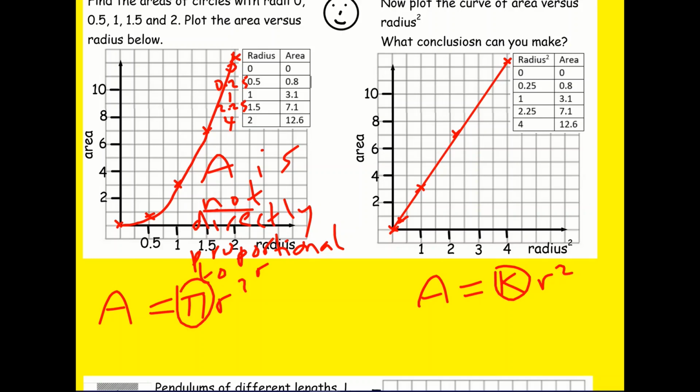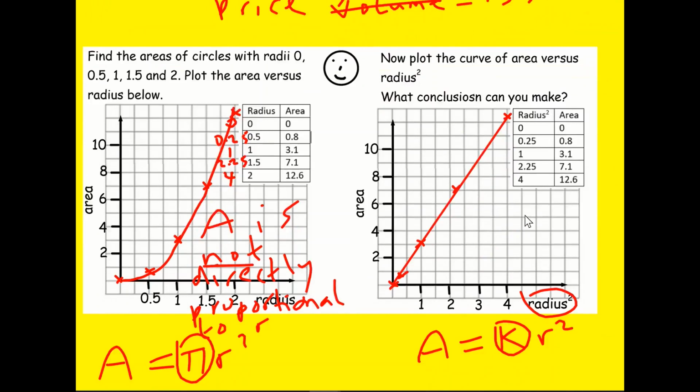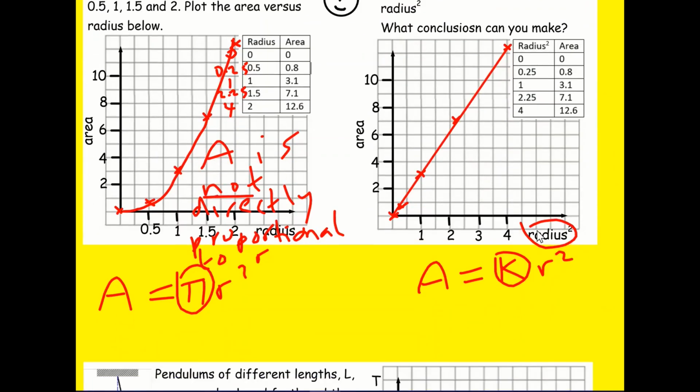The fact that I've plotted r squared instead of r, okay, when I did it before for the volume of paint, because it fitted a straight line for the volume of paint, I could say that the price is k times the volume of paint, and I worked out what k was. Because it does it for r squared here, then I can say that A is a constant times r squared.